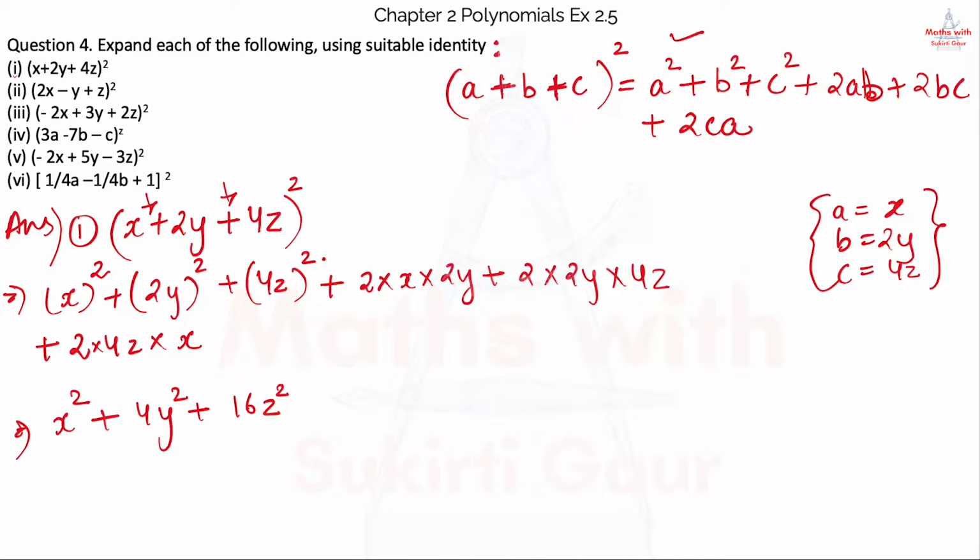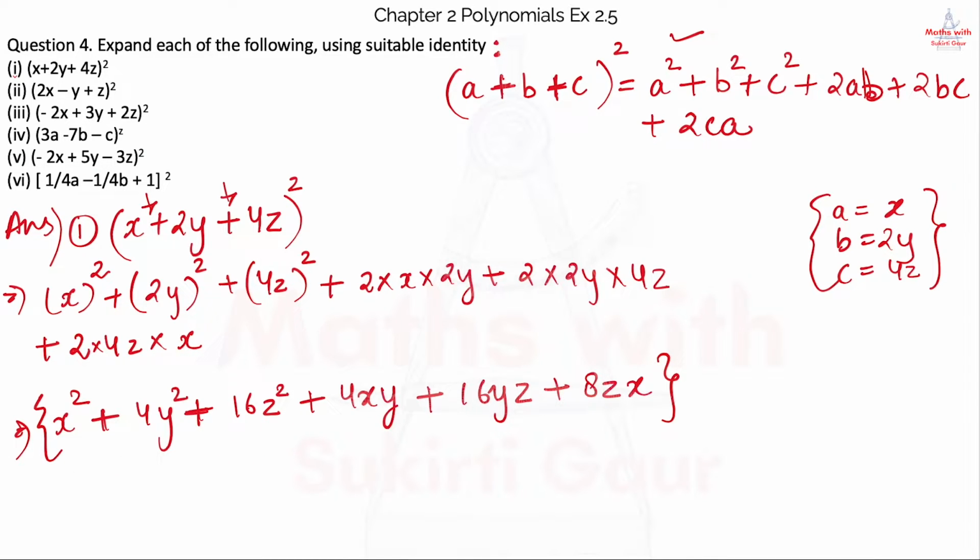Do not do 4 into 2, 8, because most of the time students do this mistake. 2 into x into 2y will be 4xy plus 2 into 2y into 4z will be 16yz plus 2 into 4z into x will be 8zx. This is the expanded part of first part of this question, right?